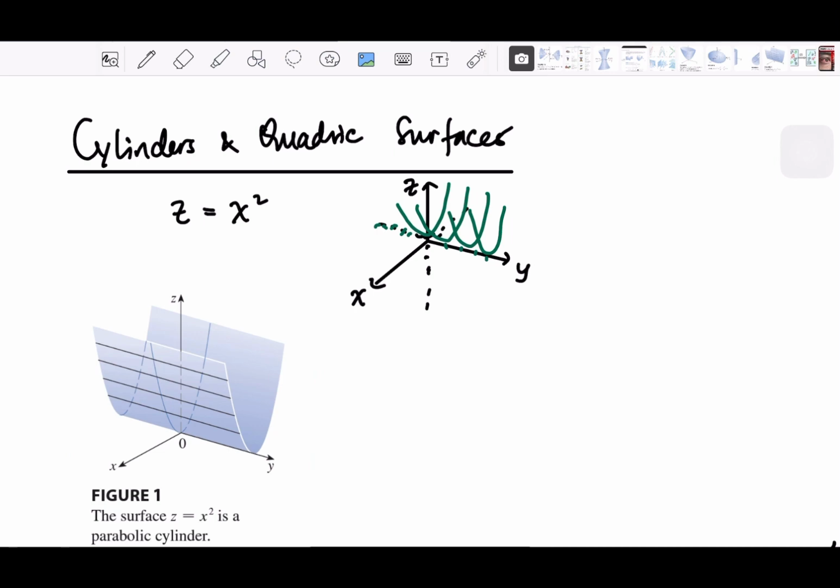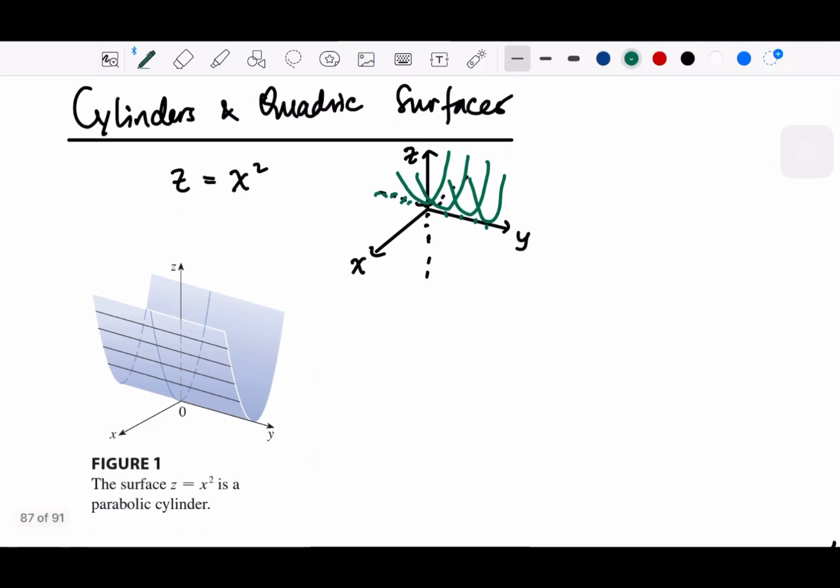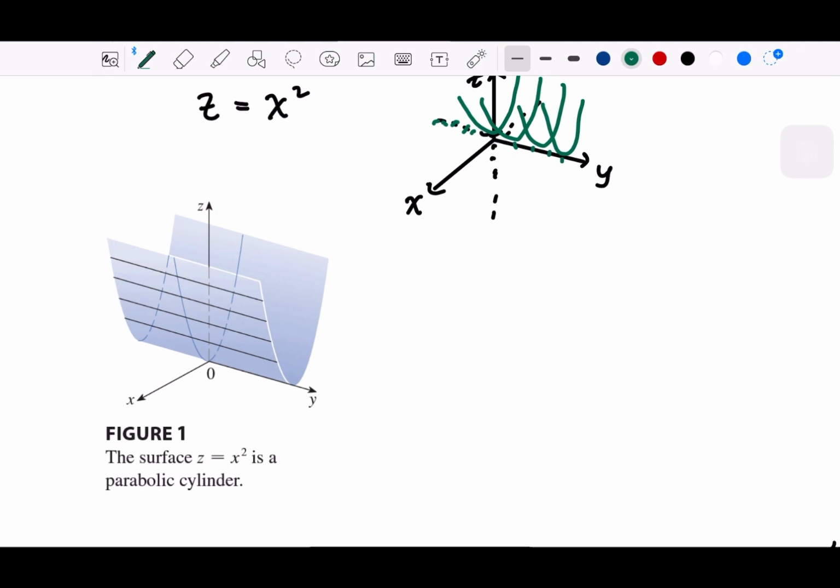Okay, this is what we call the parabolic cylinder. So it makes a cylinder. A cylinder is all lines that are kept together, making a new shape.